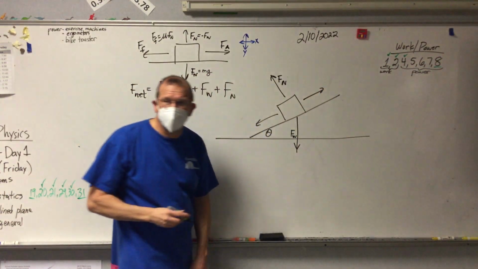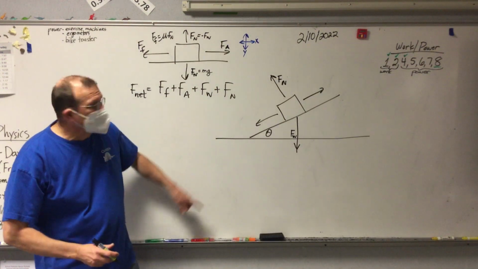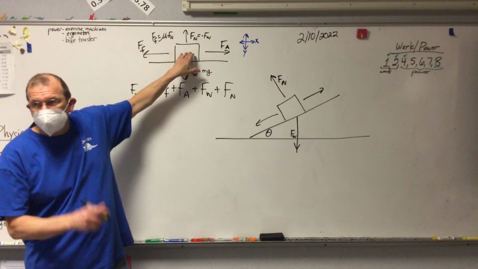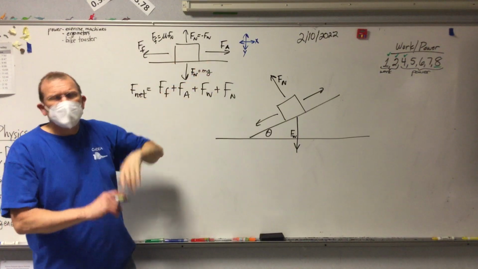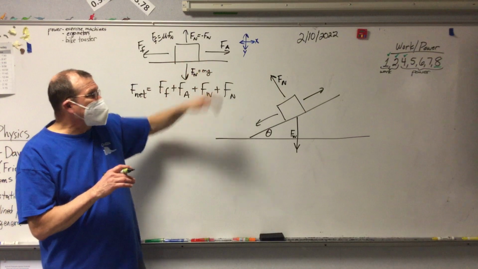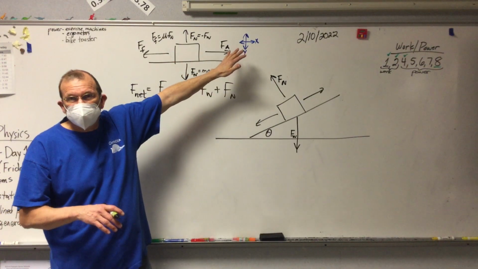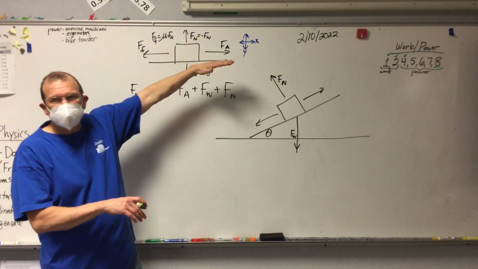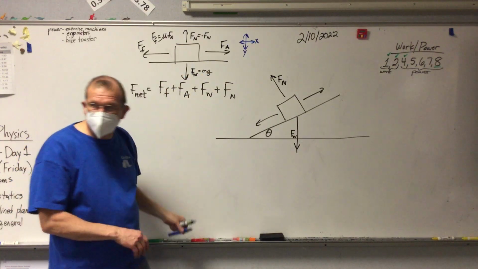Now here is where things can vary from problem to problem. In our scenario, when we were doing this on a flat surface, we usually said, let's just pretend the object is moving to the right. And when we did that, when it came to our frame of reference, we had specific things for pluses and minuses. If we were moving this thing to the right, horizontally speaking, which way was positive and negative?